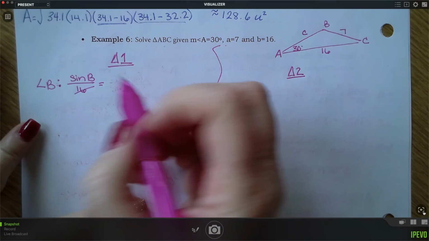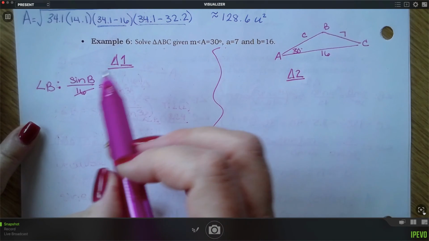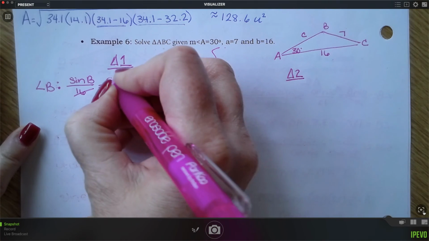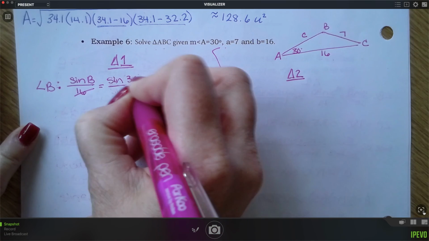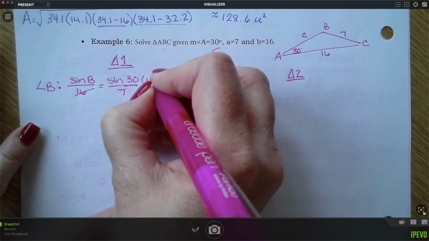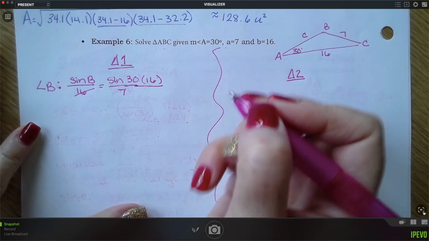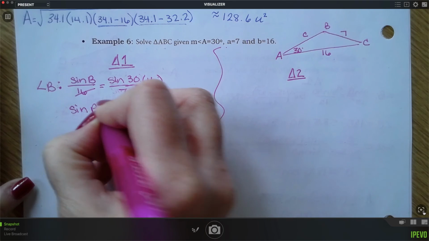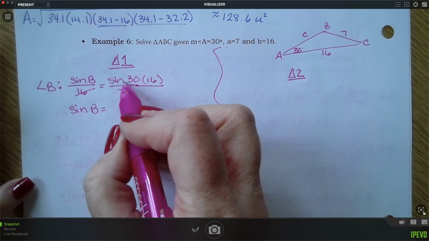Okay, so it'd be sine of B over 16 equals sine of 30 over 7. So 16 is over here, right? Yep. I'm still hoping there's no triangle, but I bet there probably is one. Okay, so sine of 30 is a half, yes?